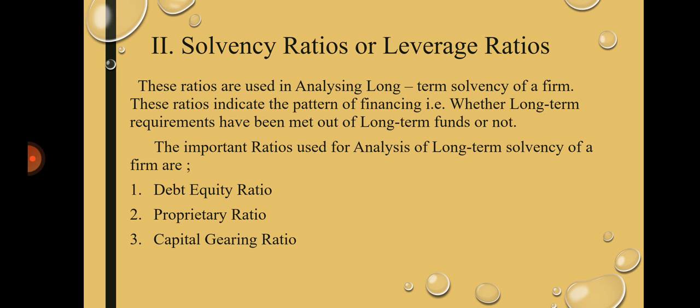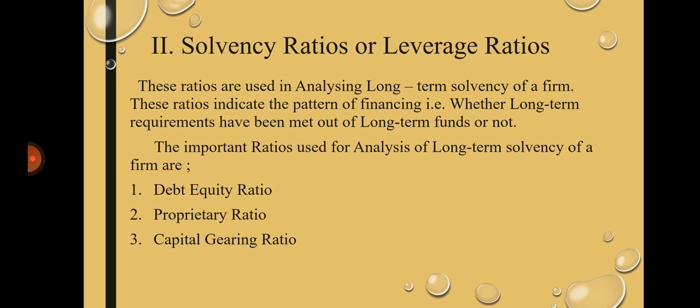Today we are going to learn about the second group of classification of ratios, that is solvency ratios or leverage ratios. Okay, now what do you mean by these solvency ratios? Solvency ratios are used in analyzing long-term solvency of a firm. That is, these ratios are used to measure the long-term financial position as a test of solvency of an organization.